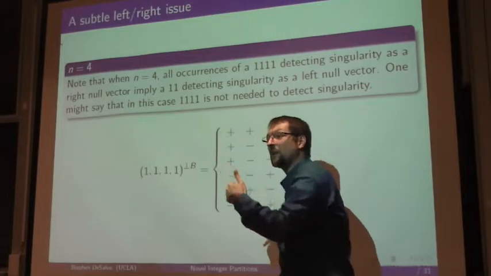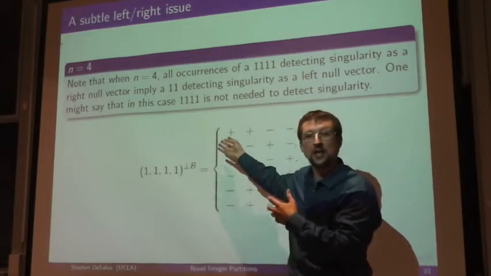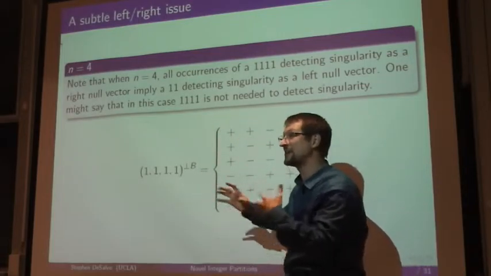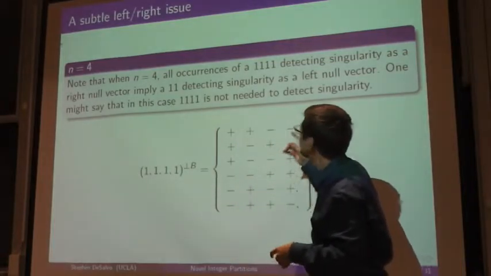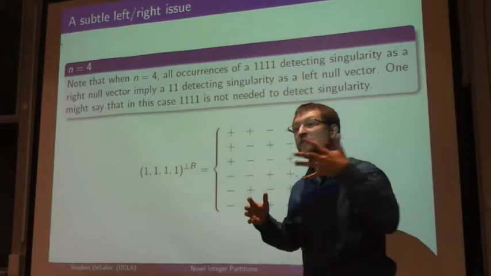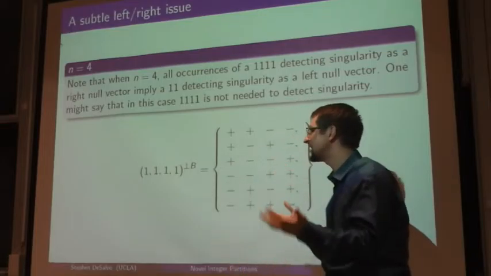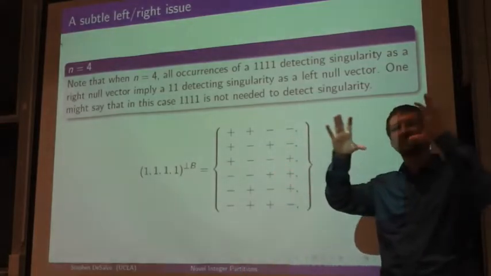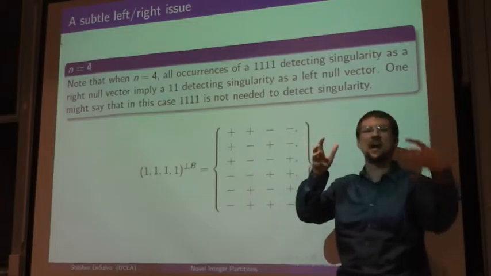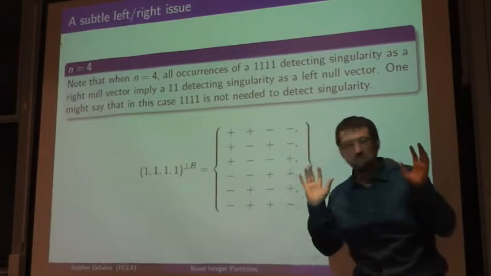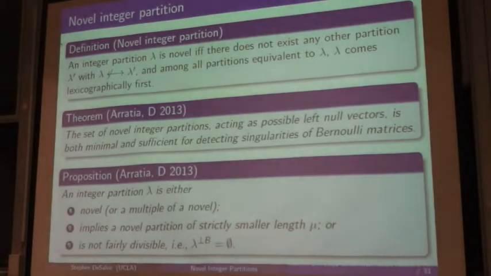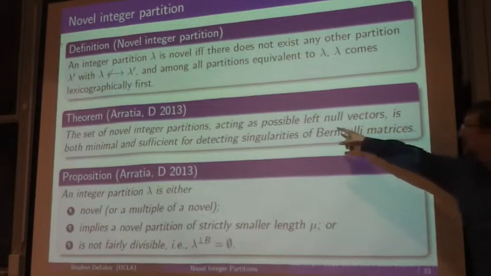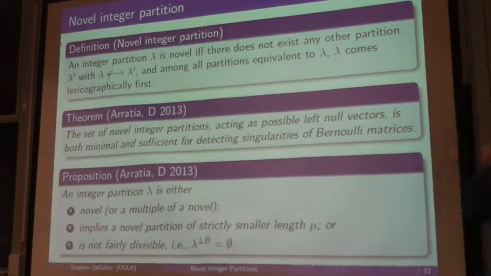So you might say, well, in this case, this 4 1s is not really necessary to describe singularities. But that's why we say acting as left null vectors. Okay, so there's a subtlety where you might say, well, in this fringe case, in this boundary case, it's not entirely, but that's not an issue. So you want to think of these again as acting as possible left null vectors. Just think of one-sided. That's where you get the nice property.